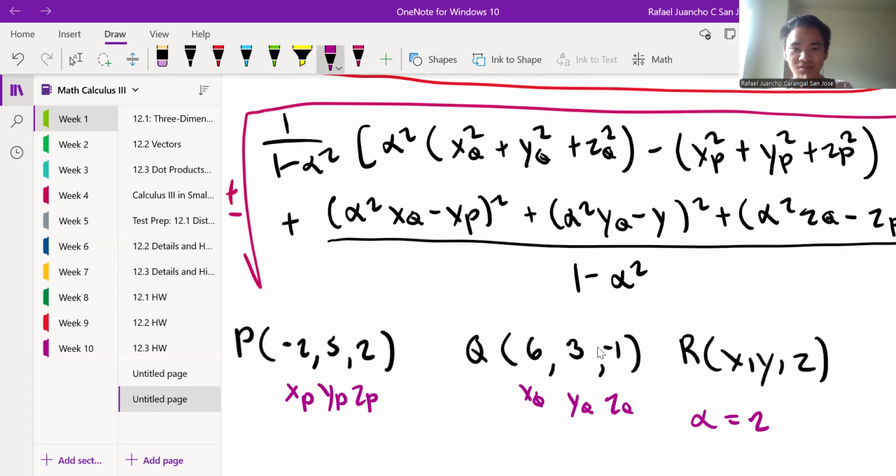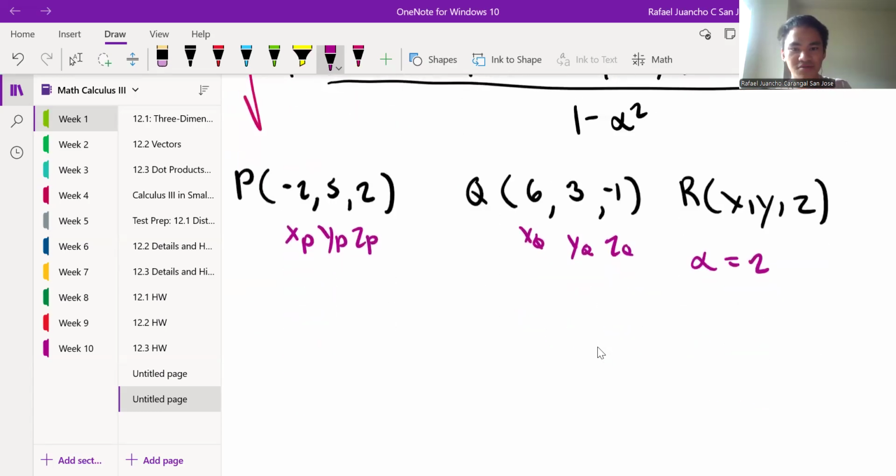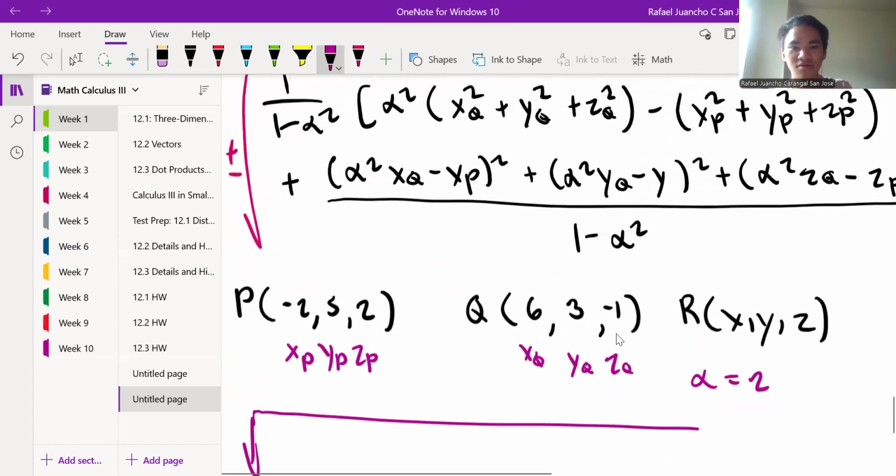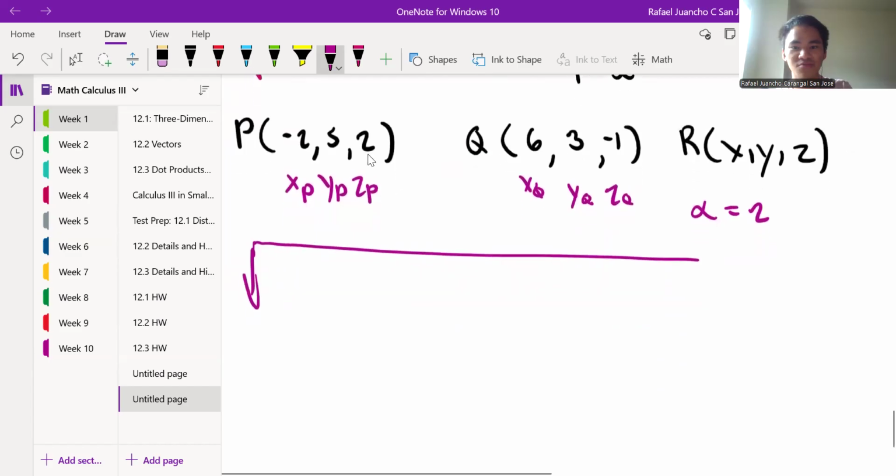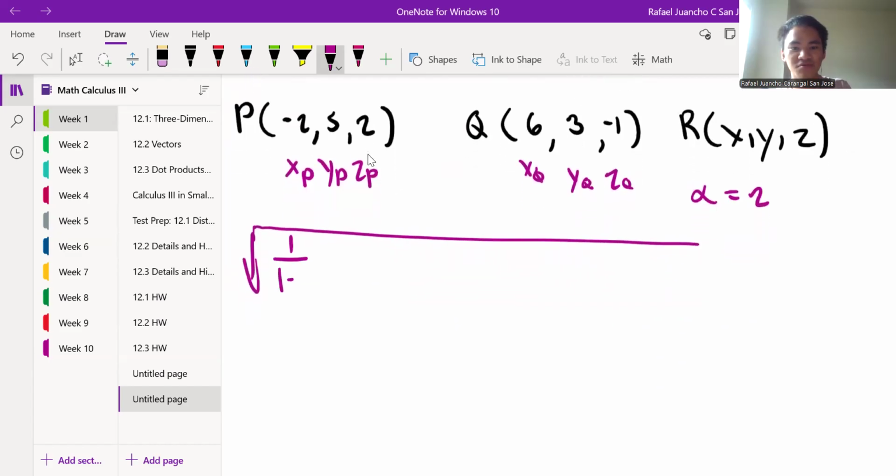Let's see. So we're doing the square root of 1 over 1 minus alpha squared. So 1 over 1 minus 4, that's 1 over negative 3, so that's negative 1/3.